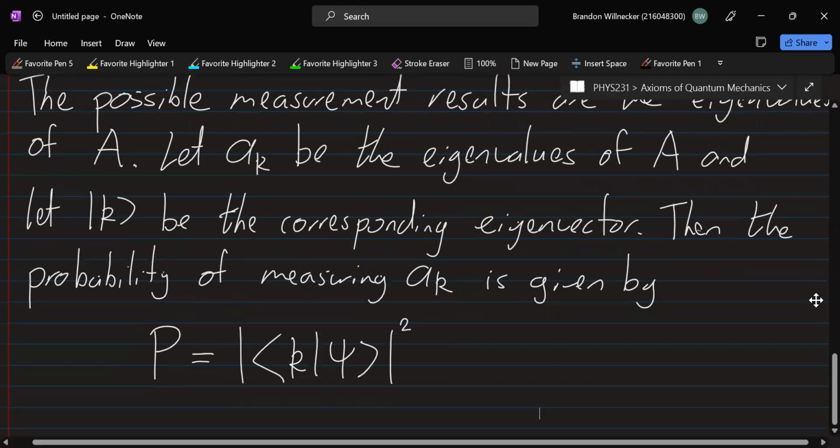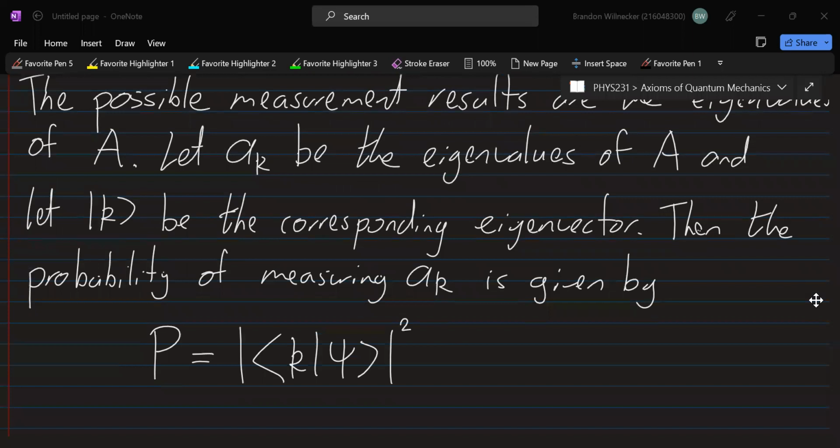You can go through all of the possible measurement results, all the possible A_k. You take this inner product and square the result, and that gives you the probability of measuring that result. If you add up all the probabilities, you'll get 1, because you have to get one of those values after measurement.